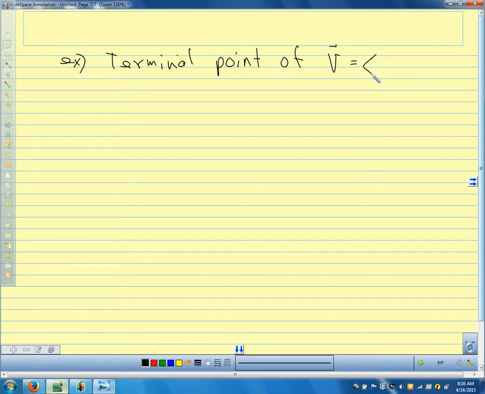Vector v is the vector 1, 3, 5. So the terminal point is point Q, which has coordinates 2, 5, 8. Find the initial point.